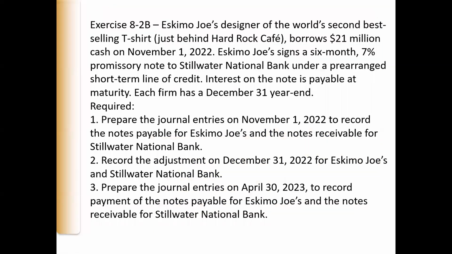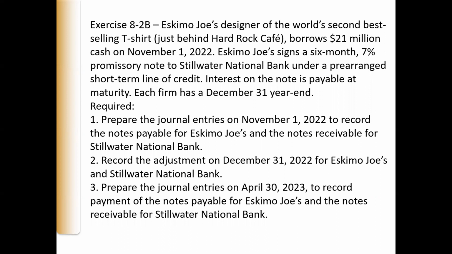Let's look at this problem here. Eskimo Joe's, designer of the world's second best selling t-shirt, borrows 21 million cash on November 1st, 2022. Eskimo Joe's signs a 6-month, 7% promissory note to Stillwater National Bank under a pre-arranged short-term line of credit.